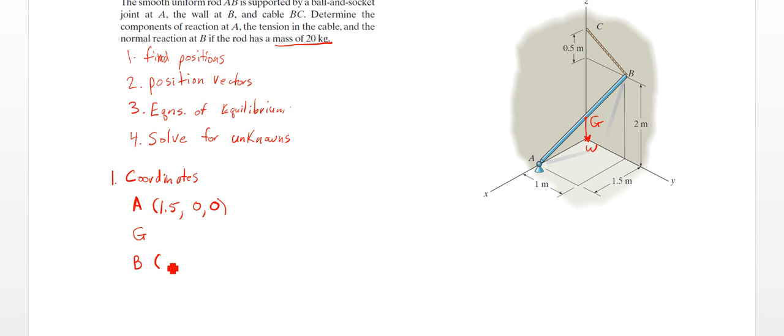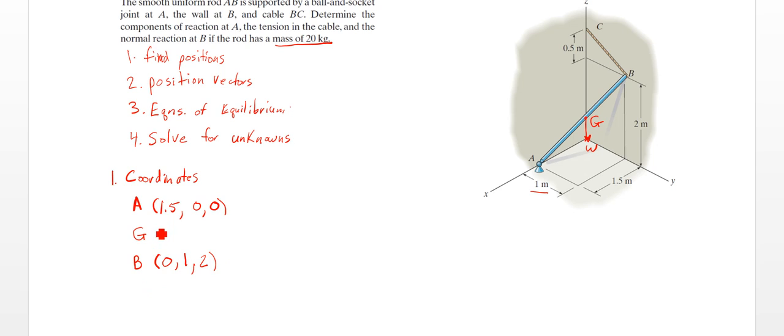B, we're on the back wall, so we're on the ZY plane, so x is 0 there. In the y direction we're 1 meter, see that here, and in the z direction we're 2 meters.